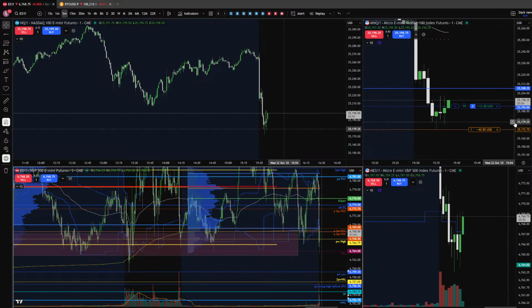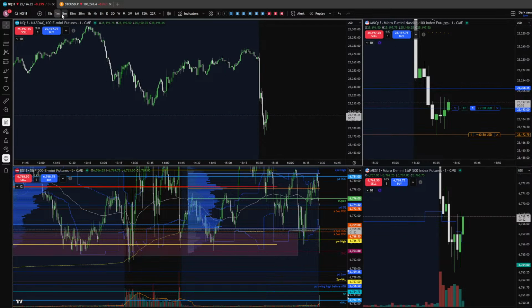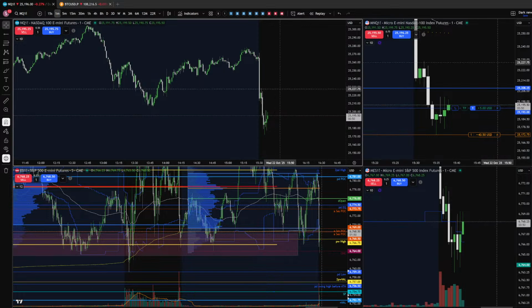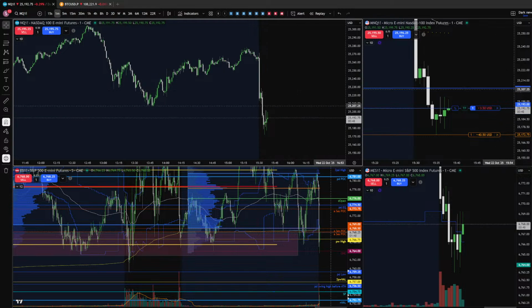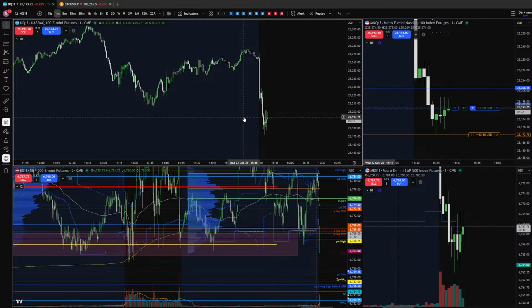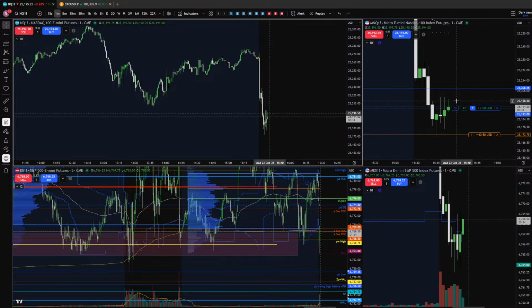Not nice candles forming down here at the lows. 5 minutes is trying to close bullish. But the 1 minute is struggling.